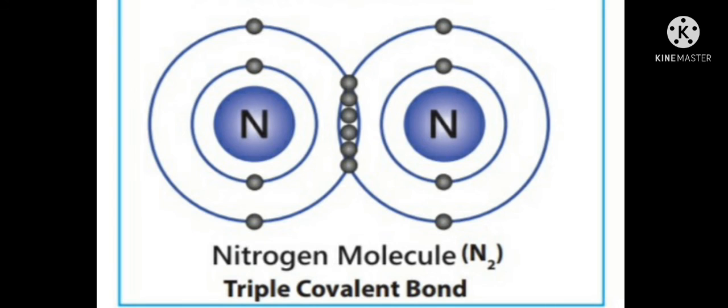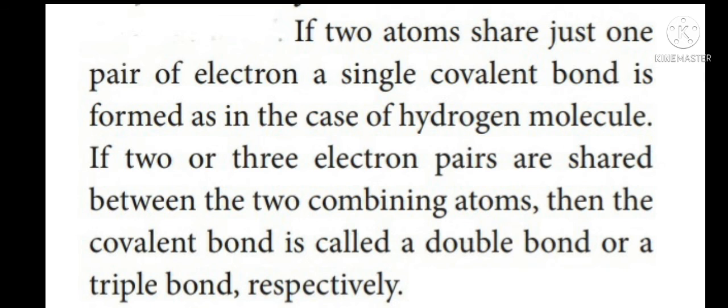If 3 electron pairs are shared between two combining atoms, it forms a triple bond. Hence, triple bond is formed in nitrogen molecule. It is shown here.